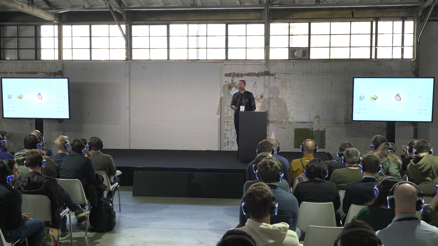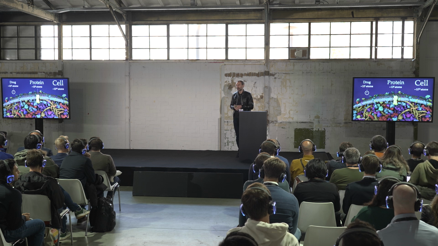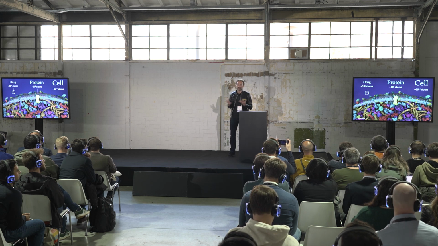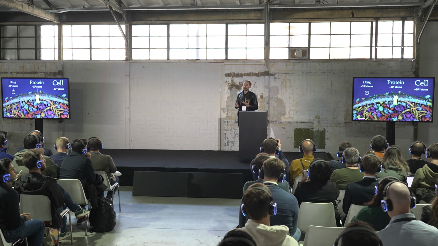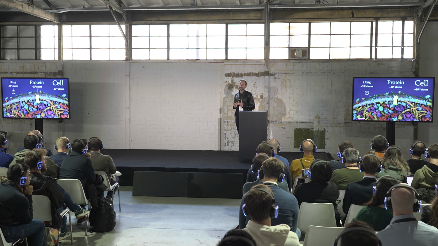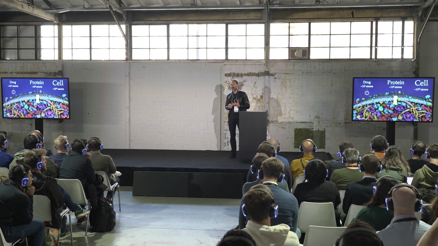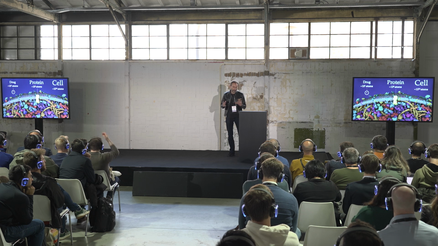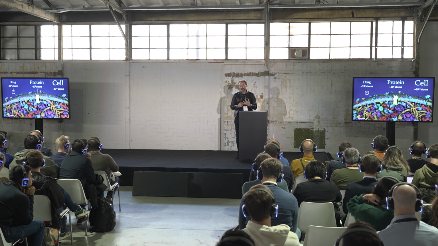If we take a typical drug acting on a cell, it consists of maybe 10 or 20 atoms. A typical protein molecule might have tens of thousands of atoms, and the entire cell might have something like a quadrillion atoms. So again, it's a huge gap between the different orders of magnitude.